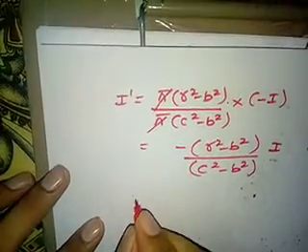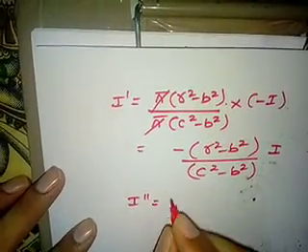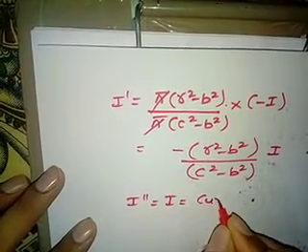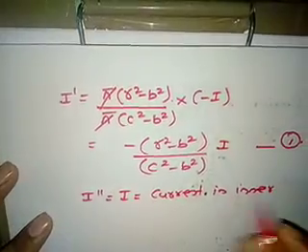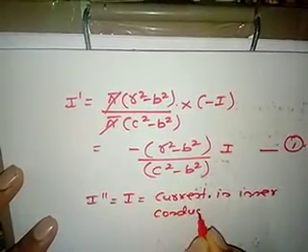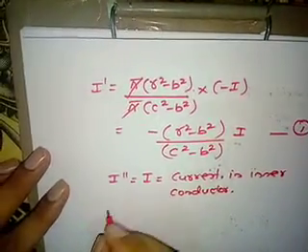So I can write here I double dash is equal to I, the current in the inner conductor.